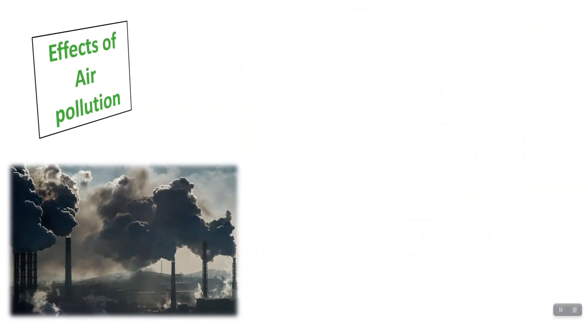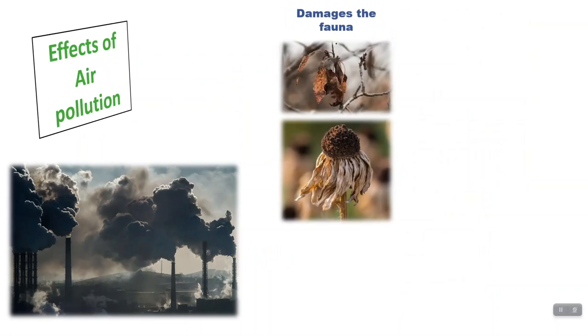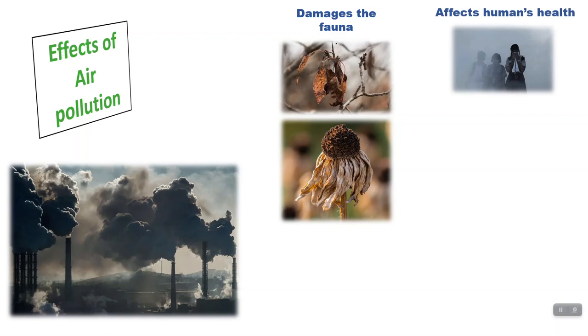What are the effects of air pollution? It damages the flora. Plants may be very sensitive to air pollution. It affects our health, our breathing systems. In some countries, there are many cases of cancers, and breathing and respiratory problems due to air pollution.